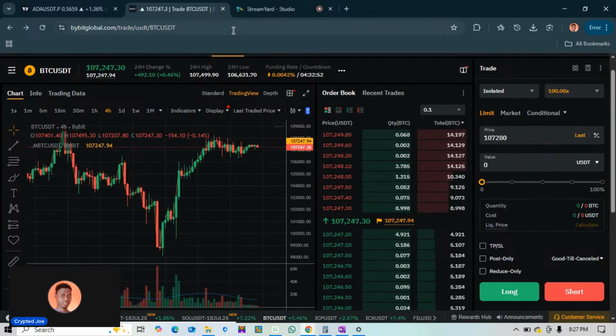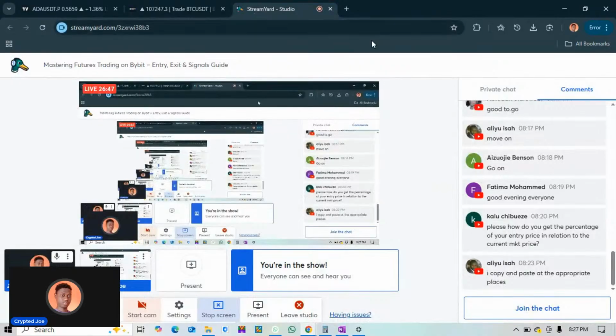I want to know before I finally move on to explaining the last part before we call it a day. So how do you guys normally get your order value on that second box after placing your entry on that first box? In that second box, how do you normally pass that level before setting your take profit and your stop losses?